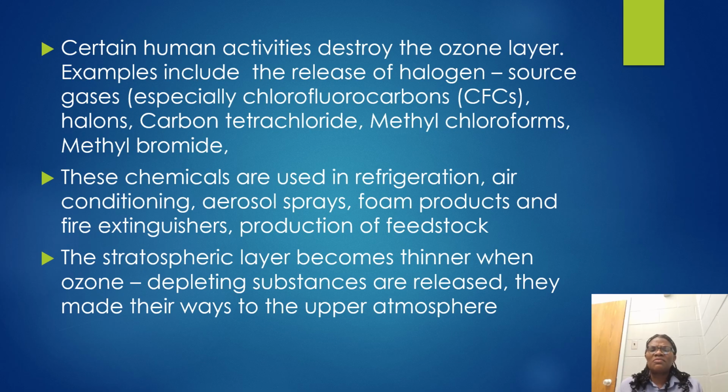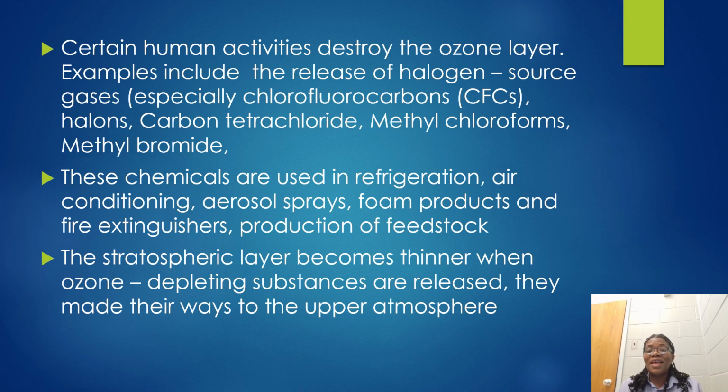The stratospheric layer becomes thinner when these chemicals are released into the atmosphere and they make their way into the upper atmosphere. These substances are referred to as ozone depleting substances.